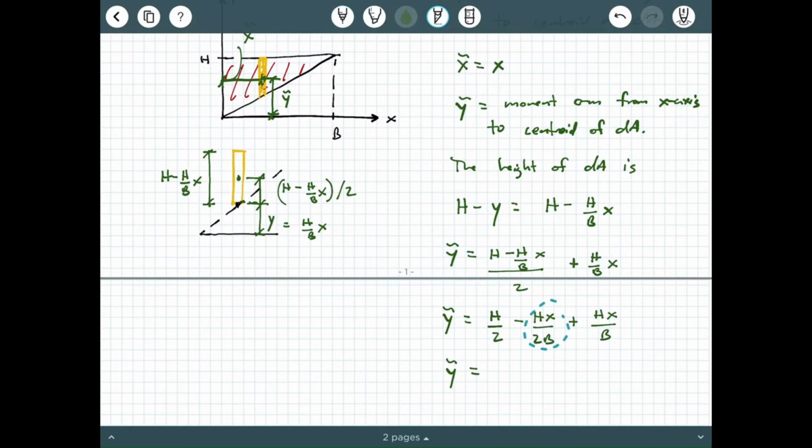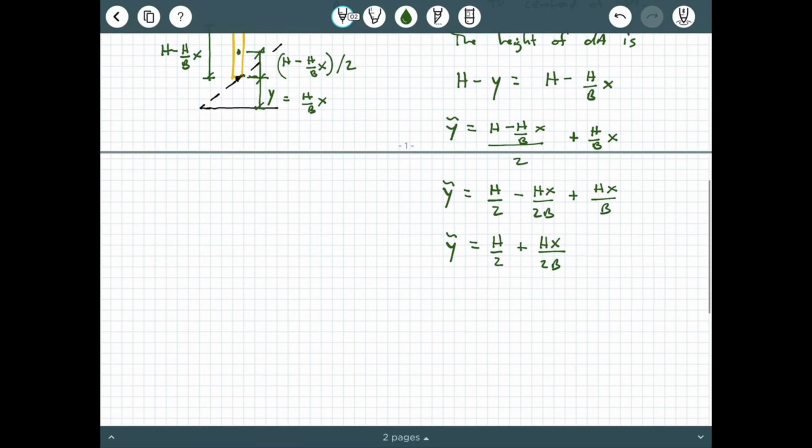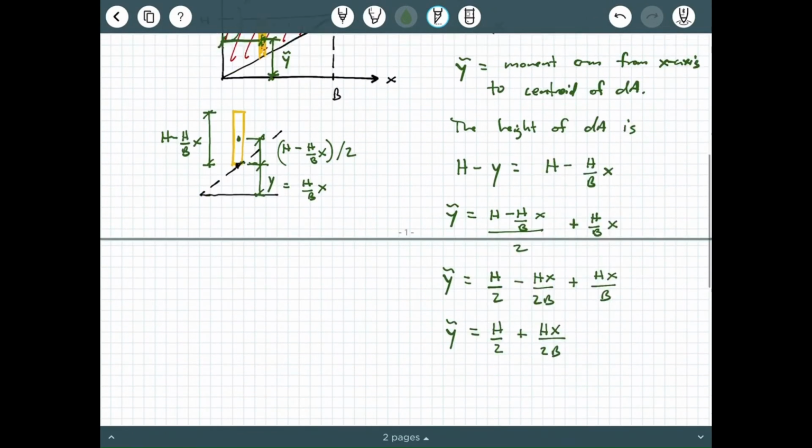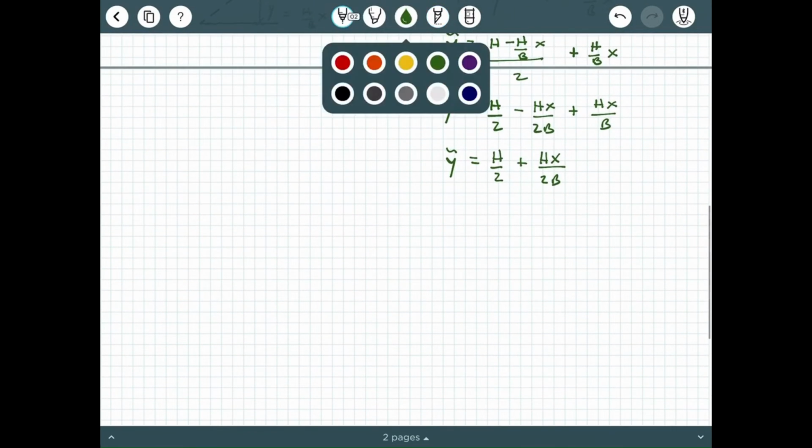We have these two like terms with x, don't we? So we can say that this is h over 2 plus hx over 2b. And that's our y tilde right here. So now we have everything we need to piece this together.